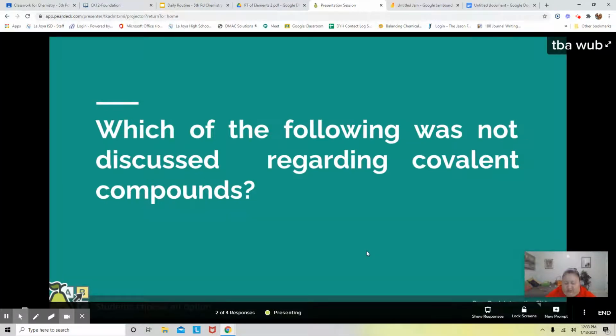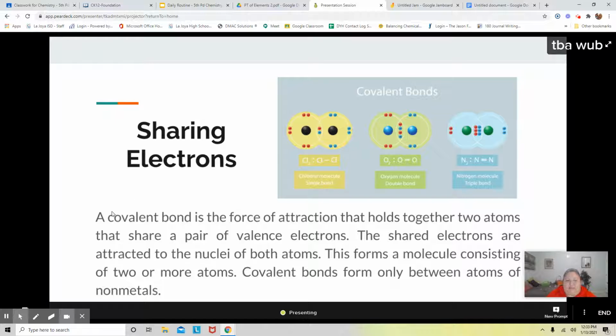All right, let's go back. It says here, a covalent bond is the force of attraction that holds two atoms that share electrons. The shared electrons are attracted to the nuclei of both atoms. Molecules always consist of two or more atoms, and covalent bonds always happen between nonmetals.